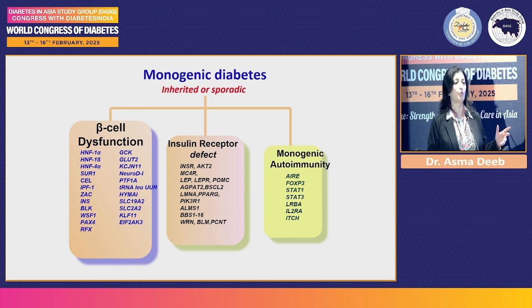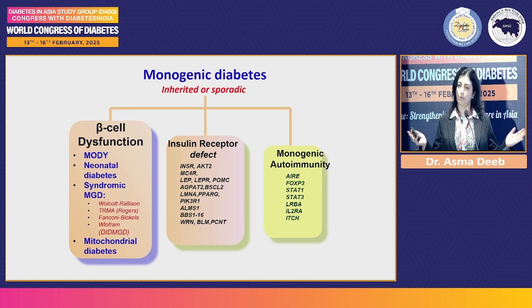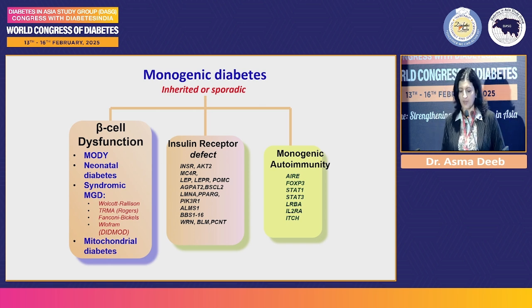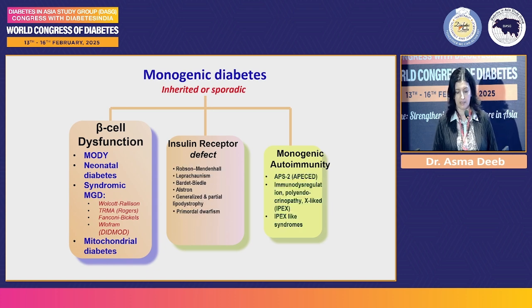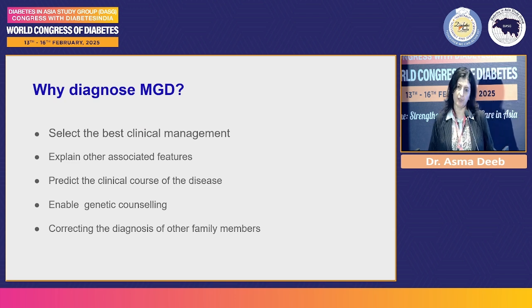And if we transform that genotype into a phenotype, we will be seeing all those spectrums of diseases under beta cell dysfunction of MODY and others, insulin receptor defects, as well as the monogenic autoimmunity that we have heard about.